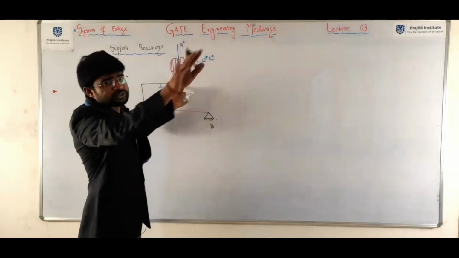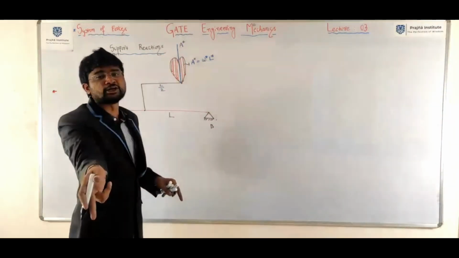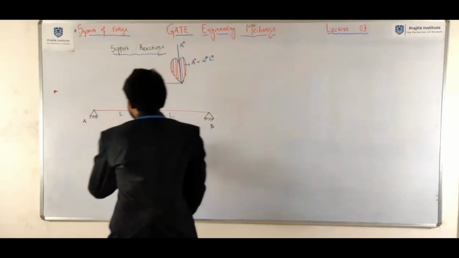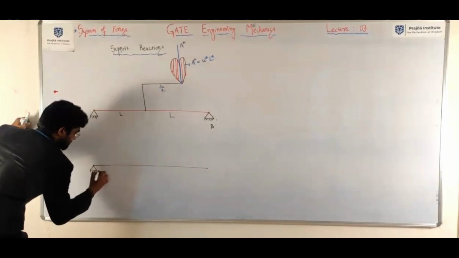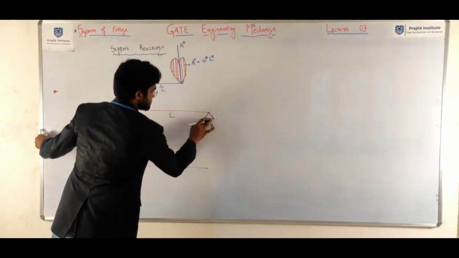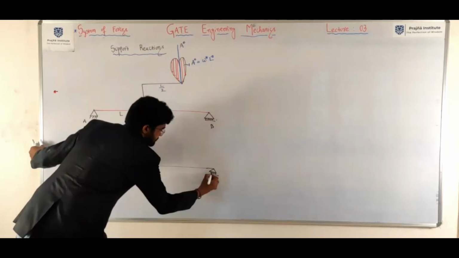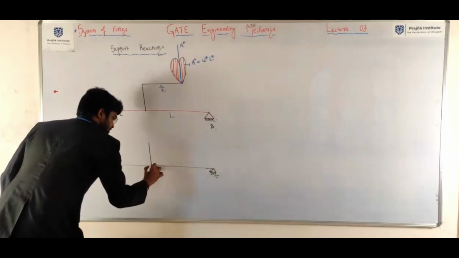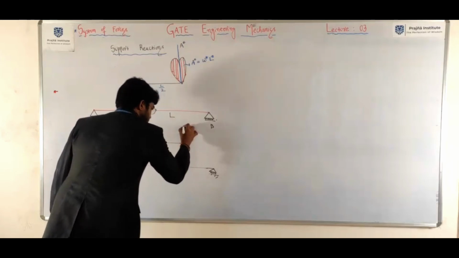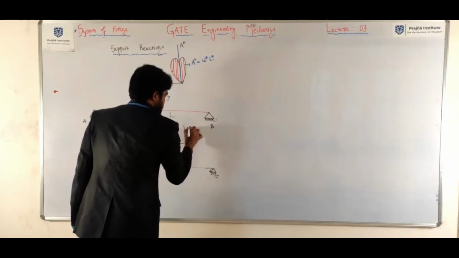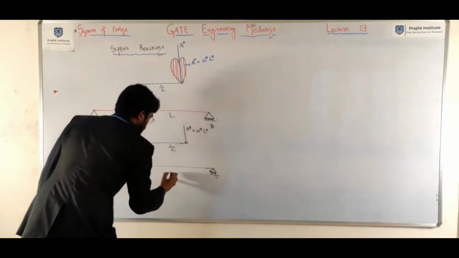Replace total area and place at the centroid, then you can convert total variable loading into point load. Now, here you will get A star is equal to W star into L star, L by 2, L.